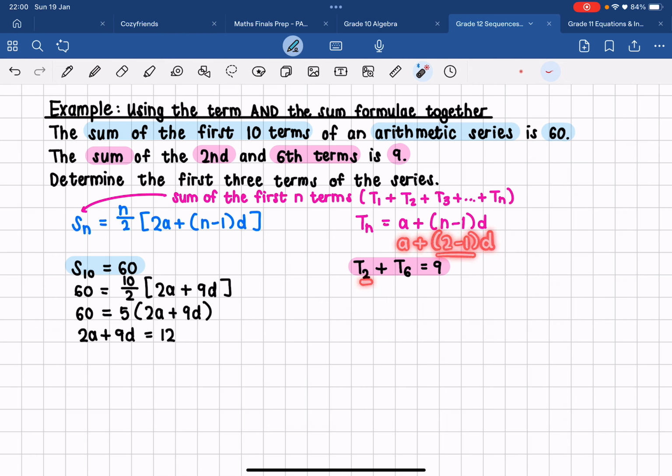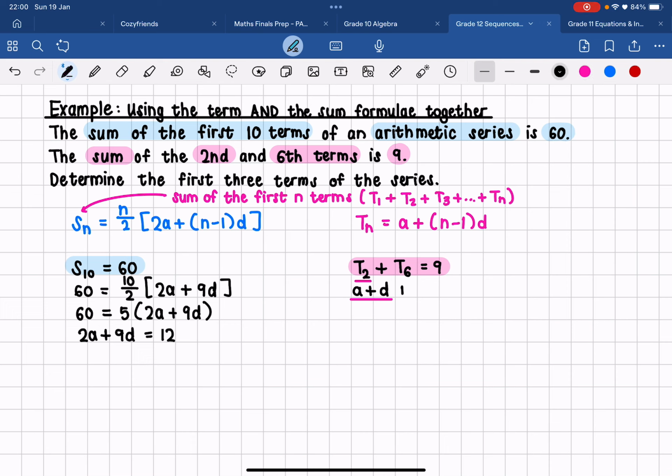Now 2 minus 1 is just 1, so I'm going to have A plus 1D. That is an expression for term 2. Just going to underline that term 2 there. This is an algebraic expression for term 2.